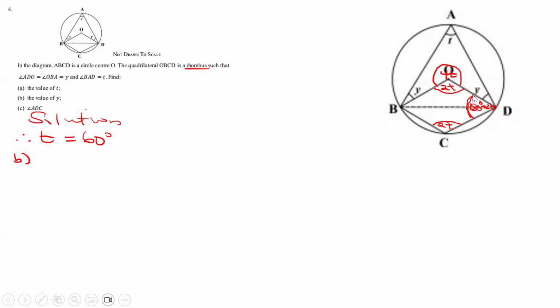So if I know the entire angle here, I know the small angle, and these two small angles should be the same. Again, this being radius, radius, it is an isosceles triangle. But I don't want to go that route. Most students will go that route. This is an isosceles triangle, the angle here should be equal to the angle here, and the angle here should be half the entire angle here. Is that clear?